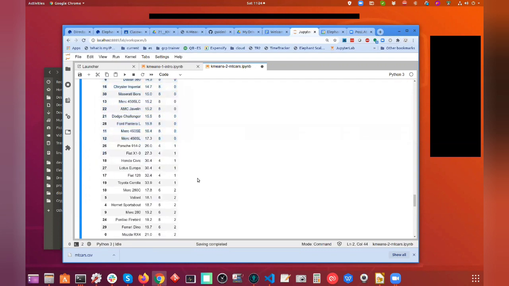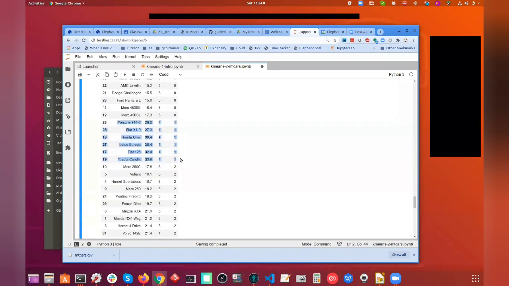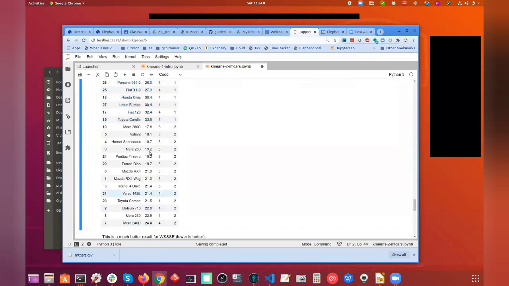Let's do the next group, the ones labeled 1. This is pretty much like before: all the high mileage cars with 4 cylinders. So 0 and 1 look pretty uniform to me, and then 2 is a little mixed. So look at group 2, these guys.